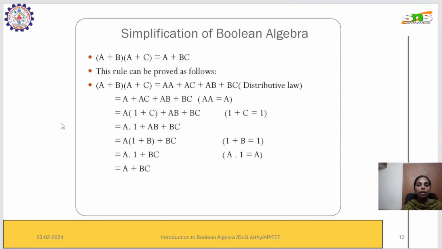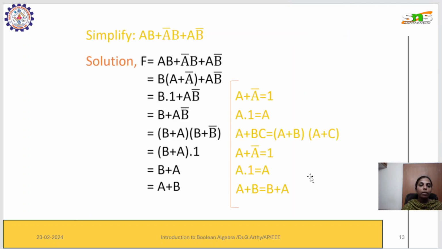This is another example, where this expression is being simplified to this one. Very simple here. Here we'll be using 1, 2 and 3 gates. Here we can use only 2 gates, one OR and one AND gate. So this is another example, right? After simplification, the gates have been reduced to a greater extent.